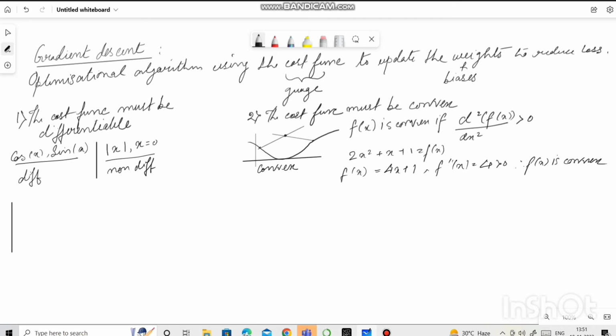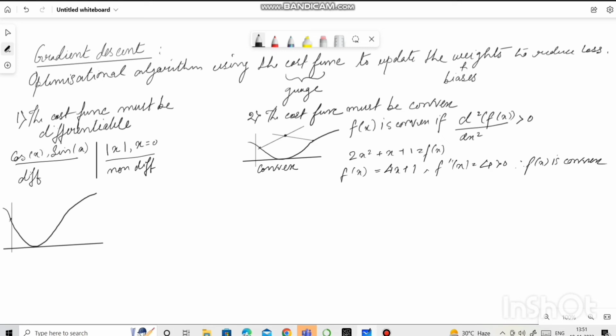Now, how does gradient descent work? We have a convex function like this. Now, the gradient descent algorithm starts at any random point, arbitrary point. Say it starts over here.